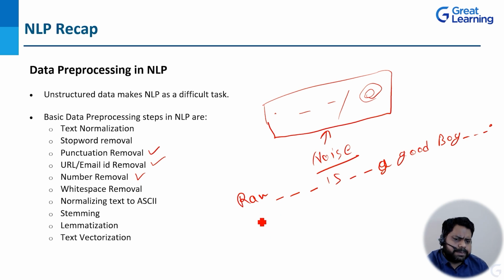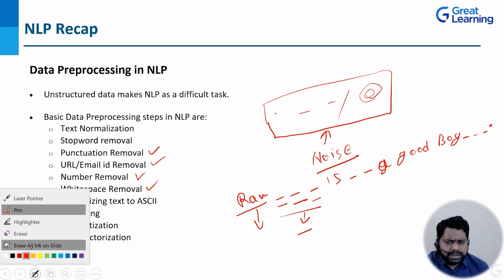When your computer processes it, it takes "ram" as characters, then each space as one character, and again each space as one character. So by doing this, instead of three spaces, we can go with one space only. With the help of white space removal, we can remove them.